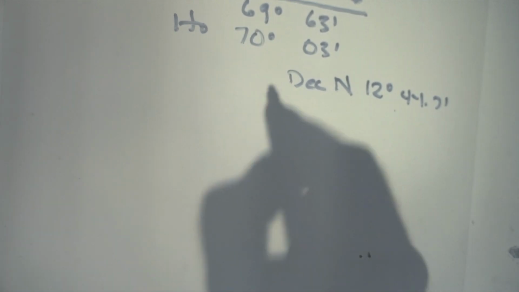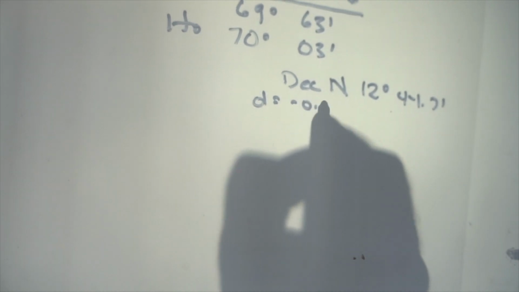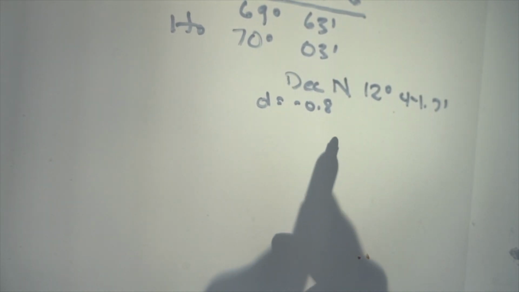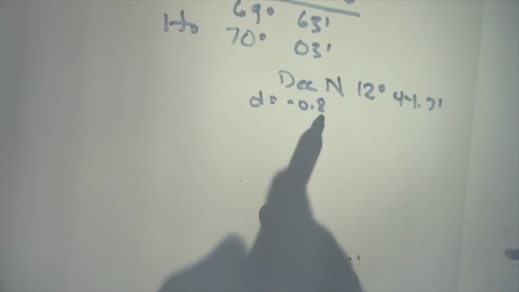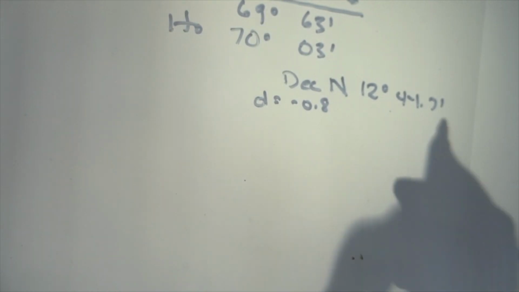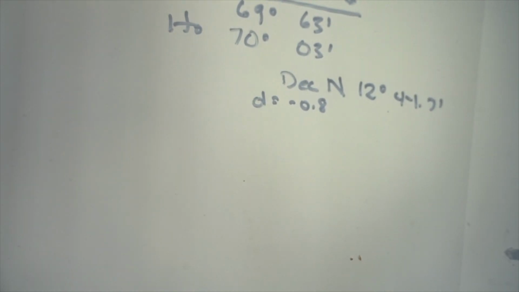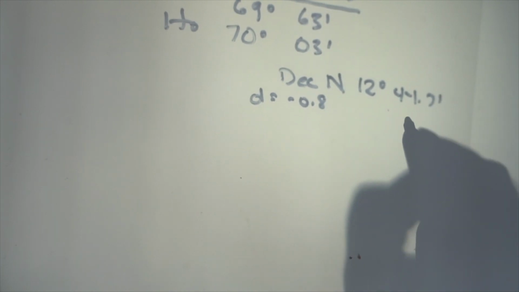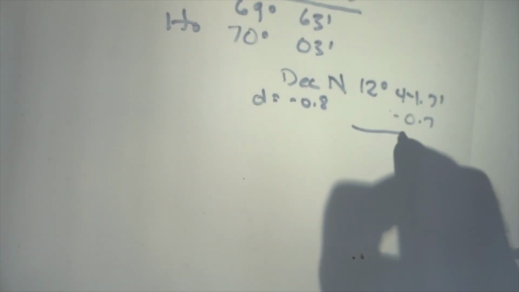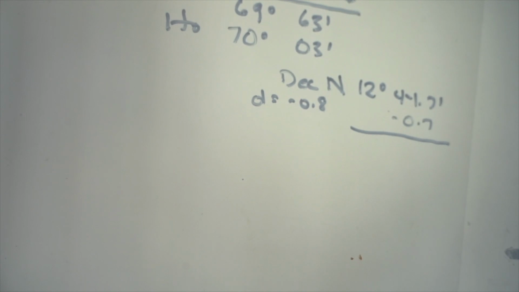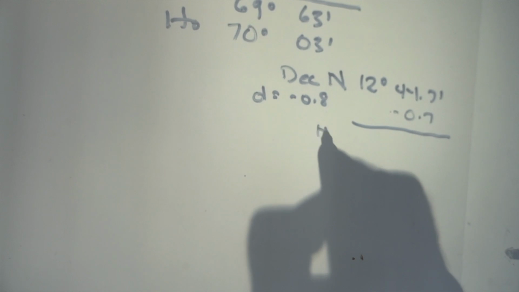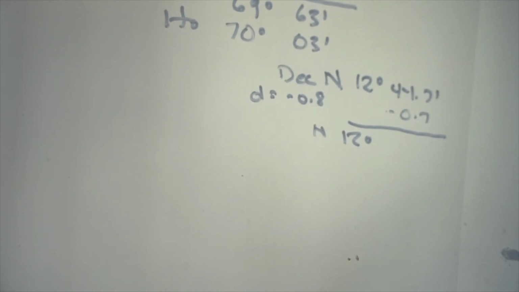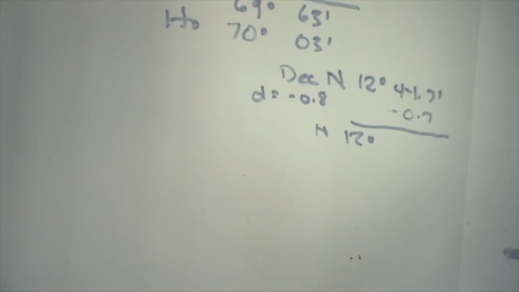Okay, as we have a little d of minus 0.8, which when we did this timing-wise was 54 minutes. What does that give us for an actual correction number? That minus 0.8 turns into minus 0.7. So we end up with a declination of north 12 degrees, 44.0 minutes.